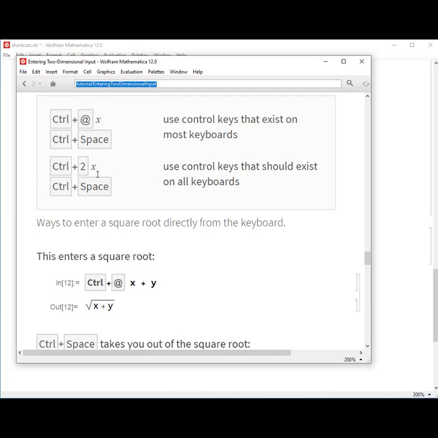All right, control and 2 gives me the square root symbol, and then I enter into that square root the quantity that I'm taking the square root of. So those are the places to look in help for reminders about how to do some of these things. And there's a lot more. There's a lot more that you can do with the escape sequences and the control sequences than what I've showed you here.